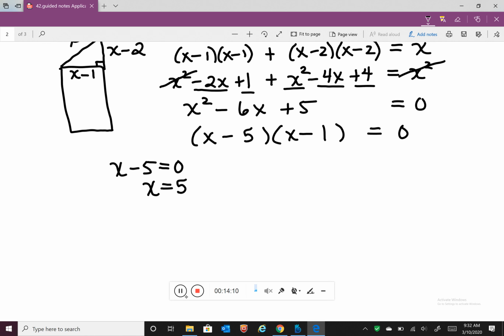Which means that if the hypotenuse is 5, then one leg is 4, and the other leg is 3.